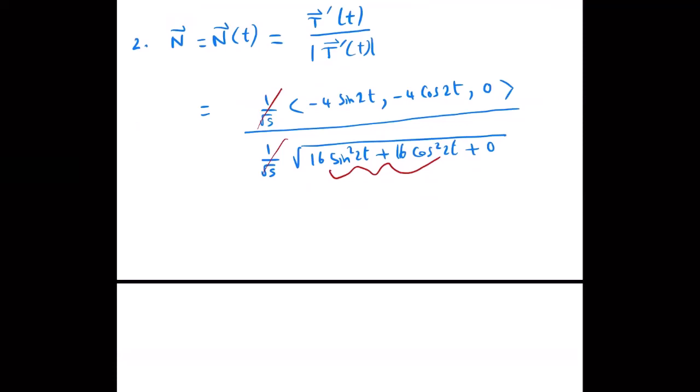Taking 16 as a common factor, sine square plus cosine square gives you 1. The square root of 16 is 4, so we get 1/4 of the vector negative 4 sine 2t, negative 4 cosine 2t, and 0. There is more simplification here. We can take the negative 4 common factor outside and get the vector negative cosine, sorry.